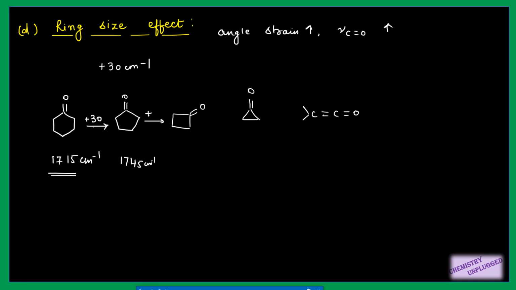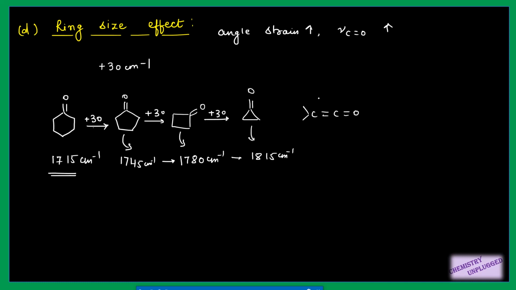Then you add 30 again to the value of cyclopentanone, and you get a value near 1775 for cyclobutanone. Then for cyclopropanone, again you add 30, and the value is close to 1815 centimeter inverse. This is for cyclobutanone, this is for cyclopentanone.